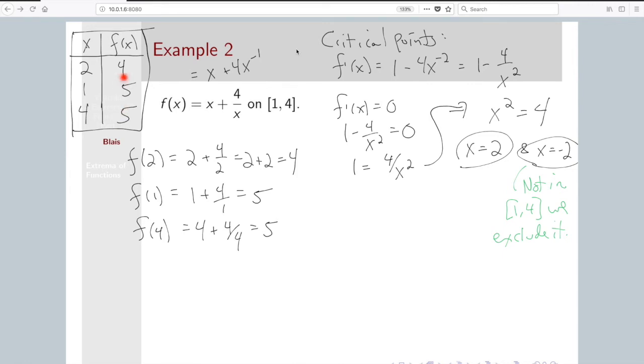And we see in this case, the minimum occurs at x equals 2. So here's our min. And our maximum occurs at 2 points. It occurs both at x equals 1 and x equals 4.